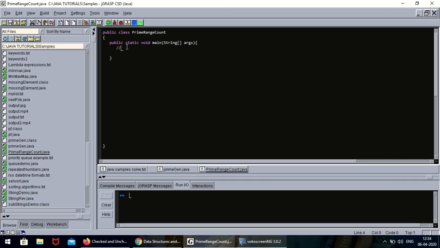In this tutorial, how to check whether a given number is a prime number or not.